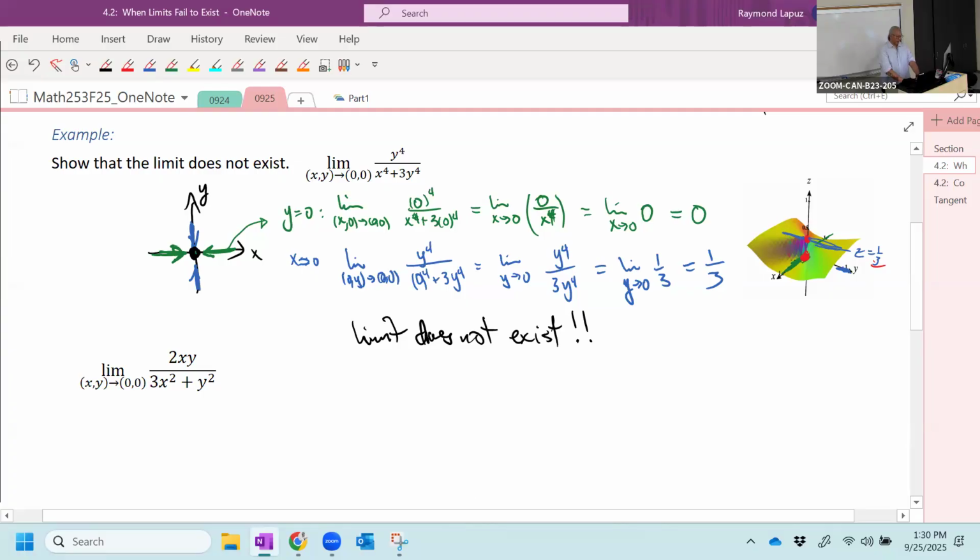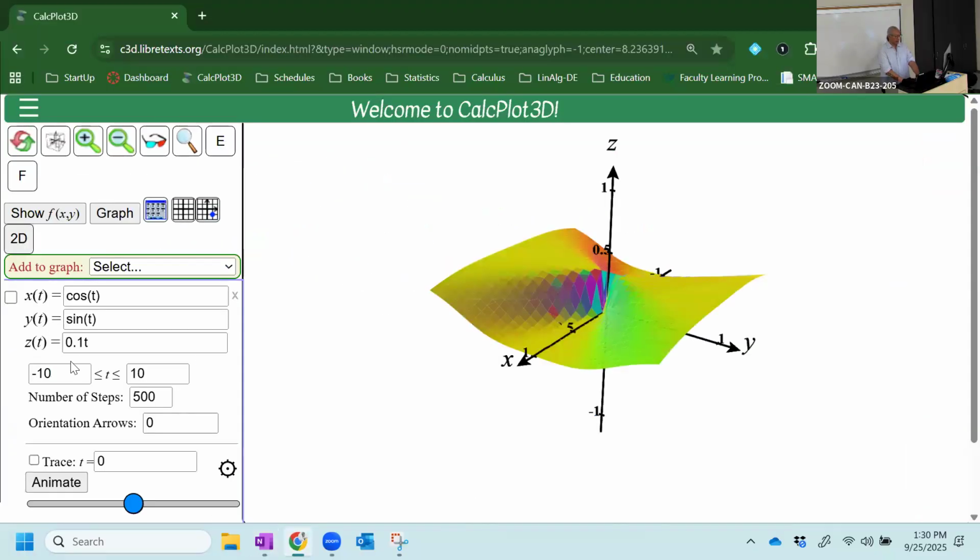All right. In terms of paths, if we take a look at, let's say, the x-axis path, that's when y is equal to 0, right? So I'm going to set y equal to 0. In terms of a path, we're looking at a space curve here.